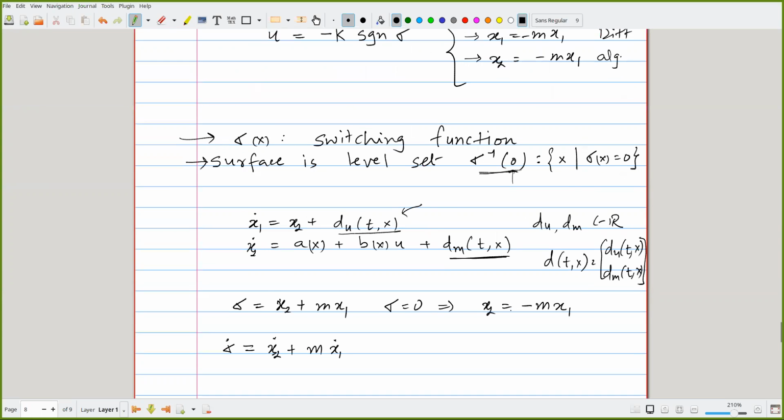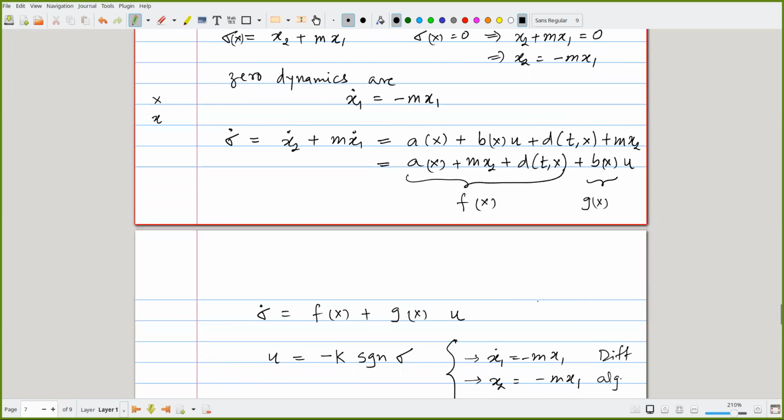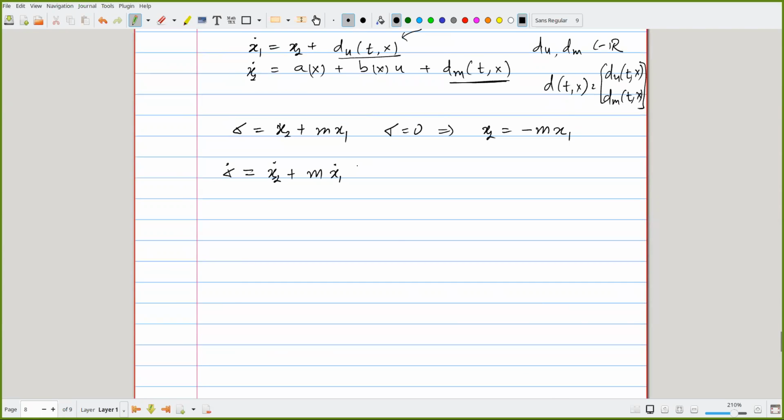I think I made a mistake here. It is x2 dot plus m x2. Yes, I had written m x2. Okay. So now we have a(x) plus b(x)u plus d_m(t,x) plus m x2 plus m d_u(t,x).